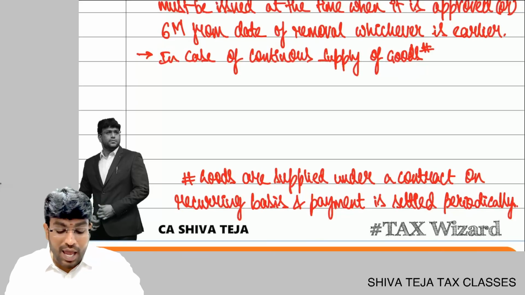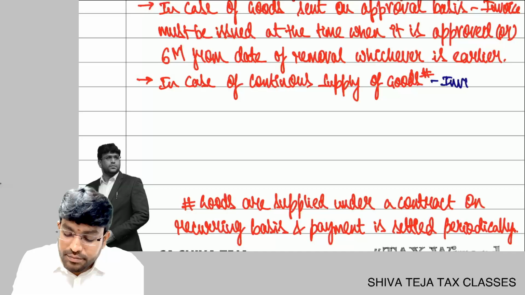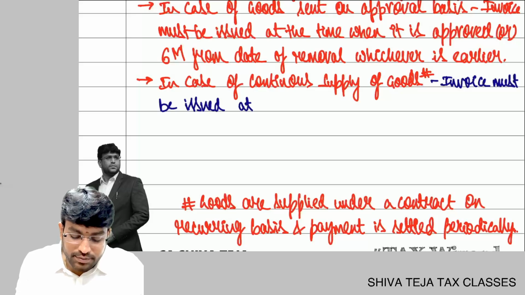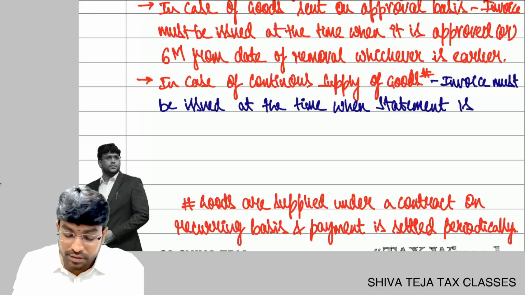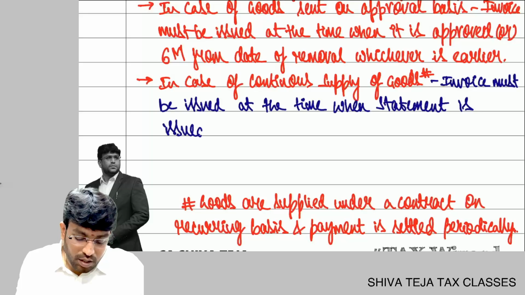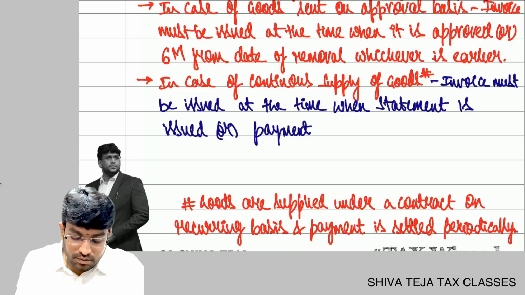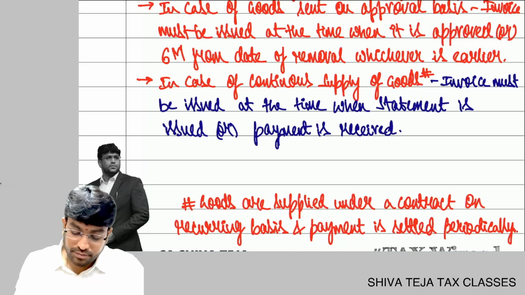Are we clear? So, in case of continuous supply of goods, my dear friends, invoice must be issued at the time when the statement is issued or payment is received.